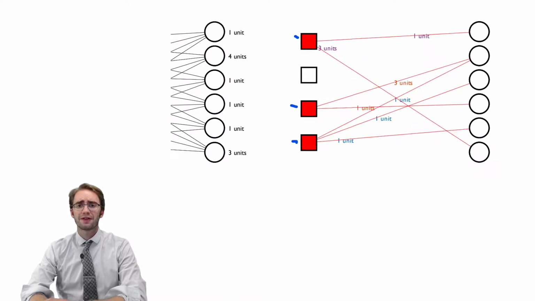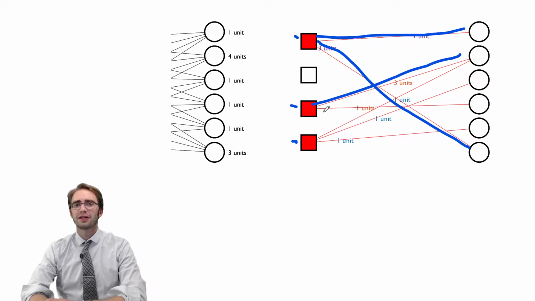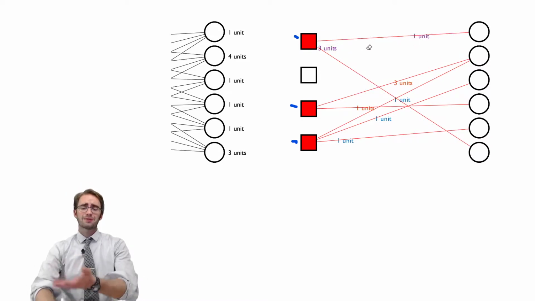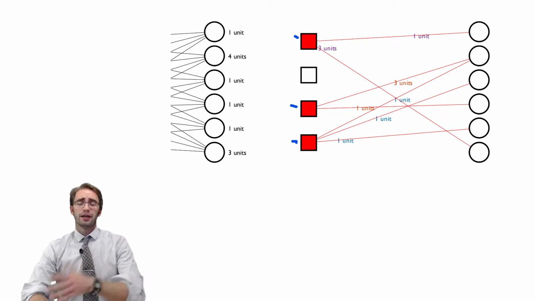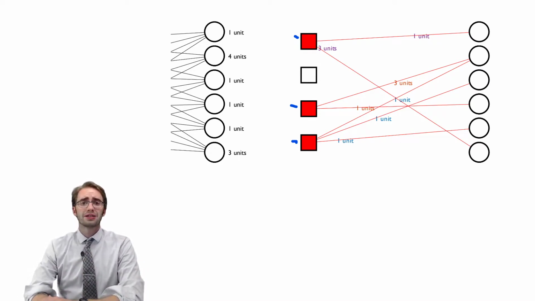So 16 for that. And then here's your transportation plan too. You send 1 unit to this thing, and then 3 units down there, and 3 units here, and so on and so forth. Okay, so that's the solution. It's the transportation problem, but with this added layer that you're trying to decide which sites you should even be using at all, or which warehouses you should be using at all.